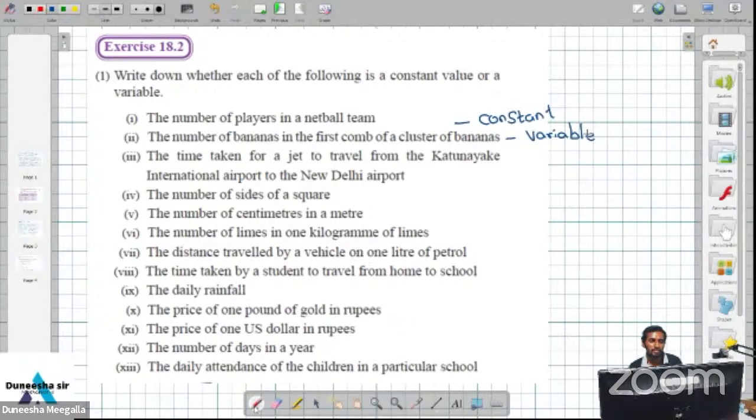Okay. Fill the other blanks. You can identify whether it's a constant or variable. Can you identify it? Okay, I will give you time.